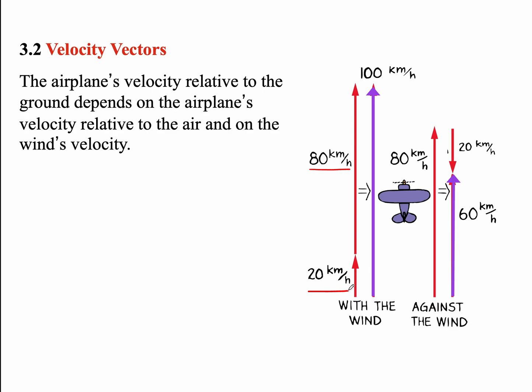I moved this over to the side just to make it a little bit easier to see. If you have a headwind of 20 kilometers per hour, now you're only moving relative to the ground at 60 kilometers per hour. Your ground speed is 60. Why? You're fighting the wind the entire time.